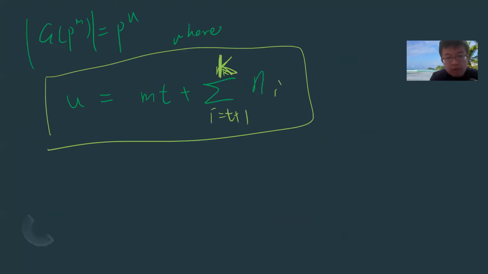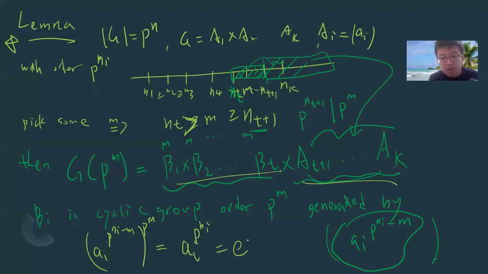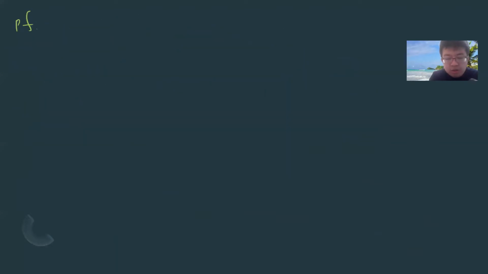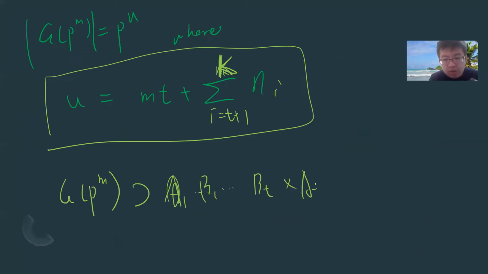Obviously, by definition, all of this falls into G[p^M], because if you take a_i to the p to the Ni minus M and raise it to the p to the M, it becomes a_i to the p to the Ni, which is the identity. So G[p^M] contains all the B1 up to Bt, and also A_{t+1} up to AK.